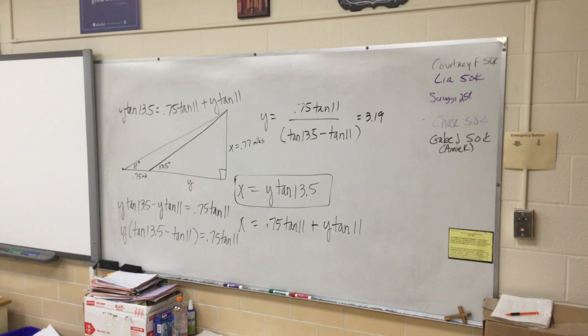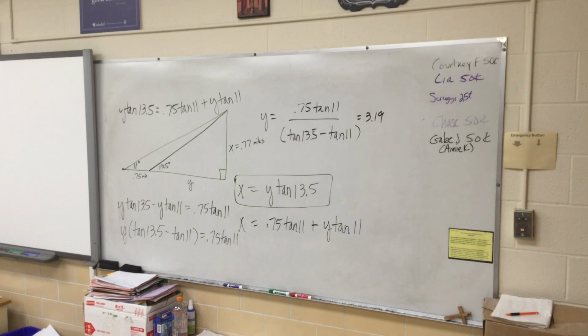For the last one, what was the answer? 0.77. And then the very last one was quadrant 4. But that one was 0.77. Did you not get that? I did, but we were trying to find out how tall the building was, right? Yeah. So it's miles. Yeah, I know, I made it up.